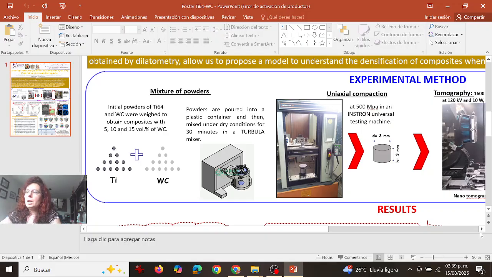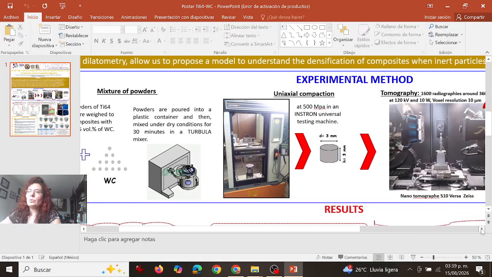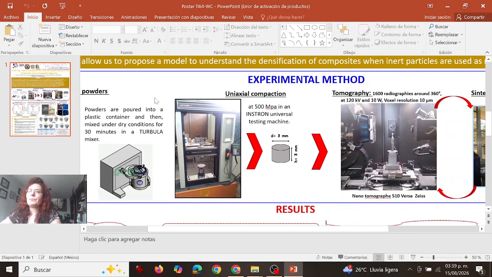Let's continue with the second step, the uniaxial compaction. We did that with the help of an Instron universal testing machine.